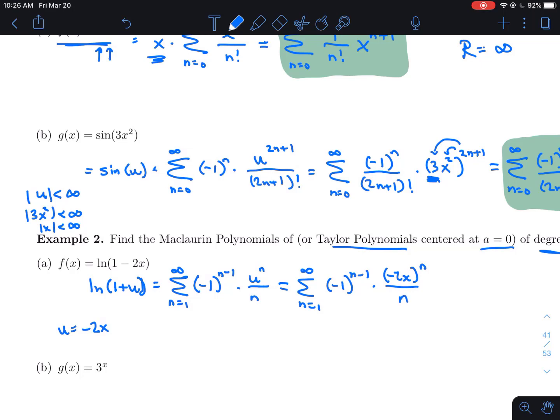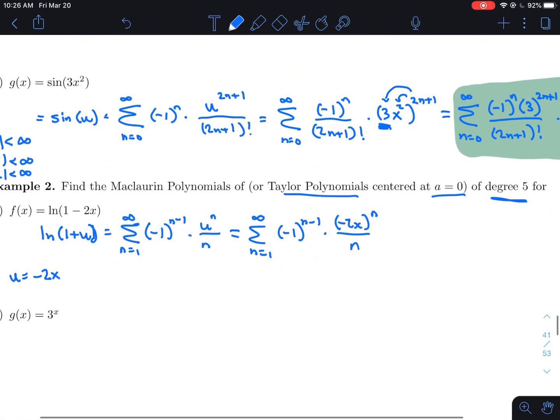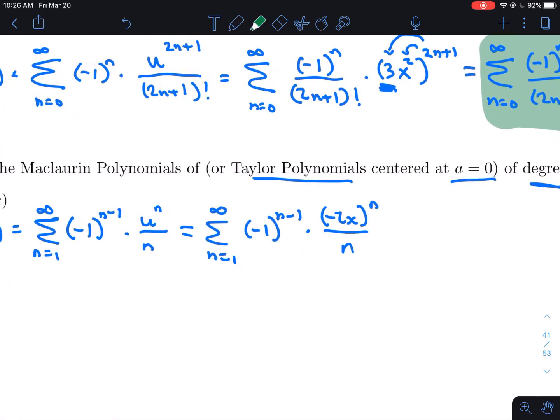Okay, so that's what that looks like. But remember, we only want the degree 5 Maclaurin polynomial. So degree 5, so instead of going on forever, instead of summing these things up to infinity, let's just stop after a little bit.